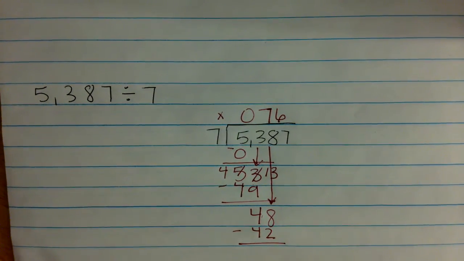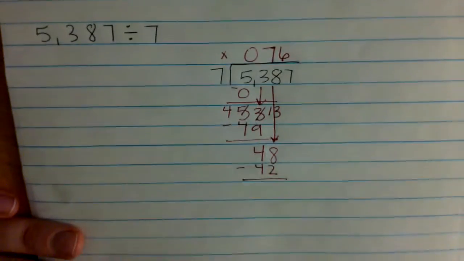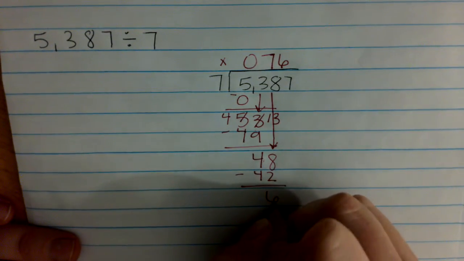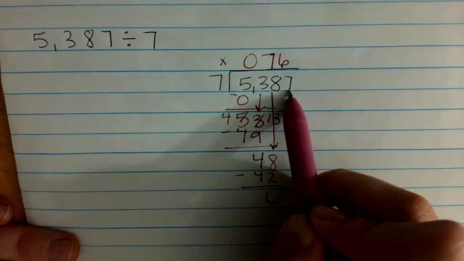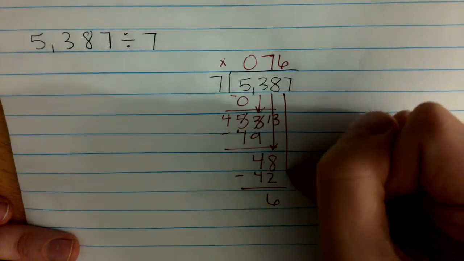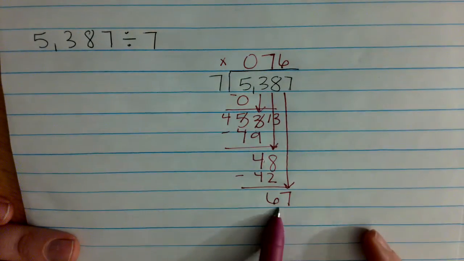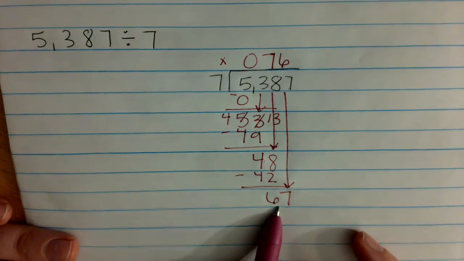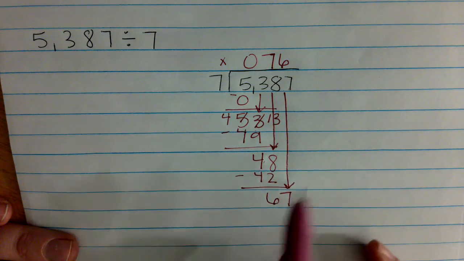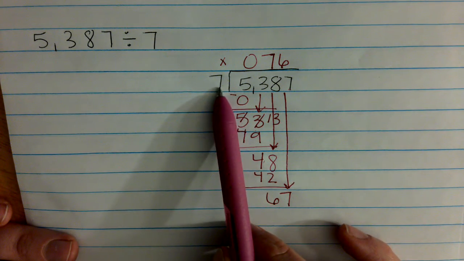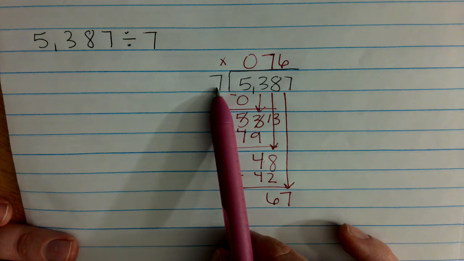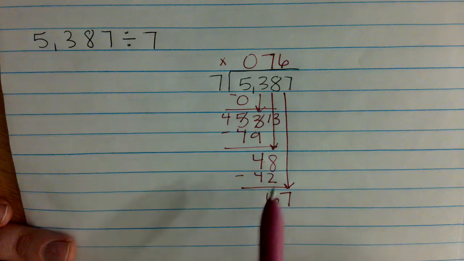48 minus 42 is 6. I still got this number. Gotta bring down my 7. And 7 goes into 67 how many times? Well, 7 times 8 is 56. And 7 times 9 is 63.